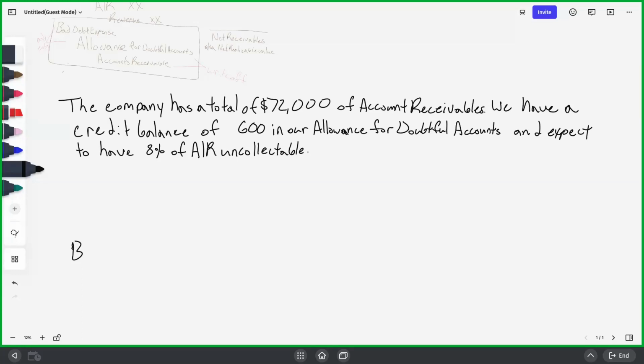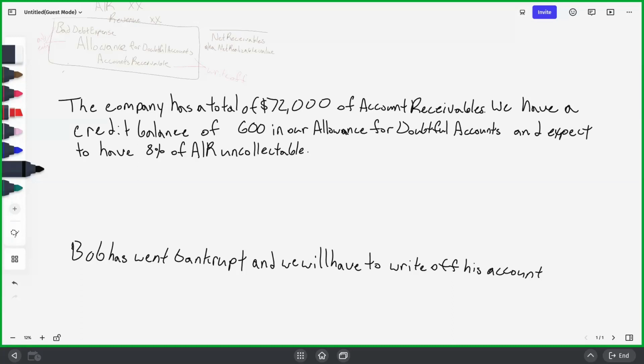What I need you guys to do is just get to the journal entry for the adjusting entry for the first one, and I'm about to make another one where we have to actually write someone off. Both pieces are up there. I'm going to give you guys 5 minutes.